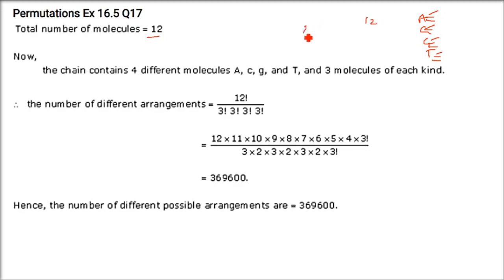So arranging 12 taking all at a time will be 12P12. But every molecule has repetition 3 times, so 4 times you have to divide by factorial 3. Repetition is there. So the answer will be 369600.